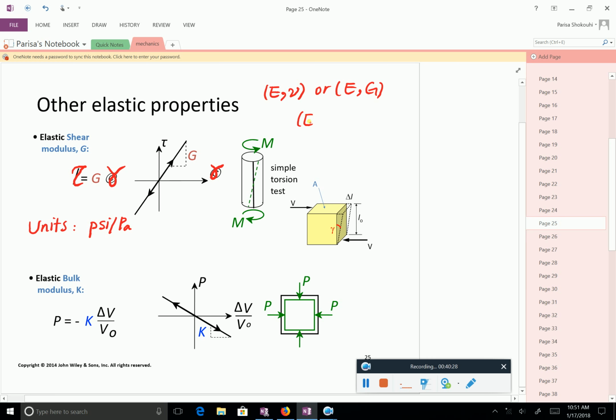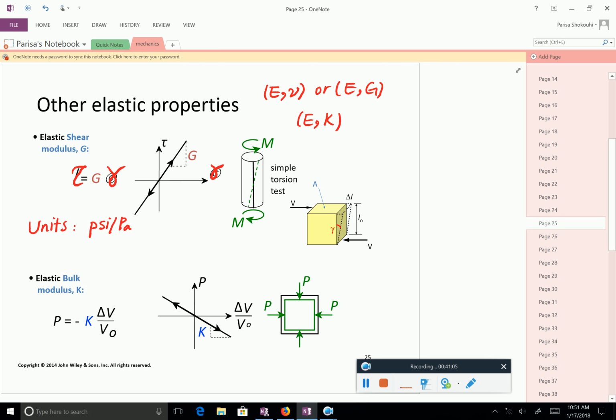Another parameter which may be not as familiar to you is the bulk modulus. In soil mechanics, this is a beloved parameter, and this is very simple too. In previous cases, we were looking at change in length versus change in stress, let's say. Here we are looking at the relationship between pressure and relative change in volume.